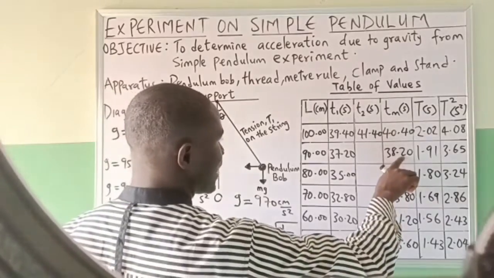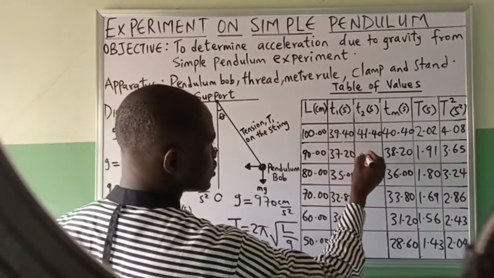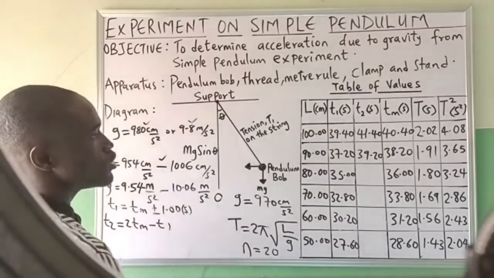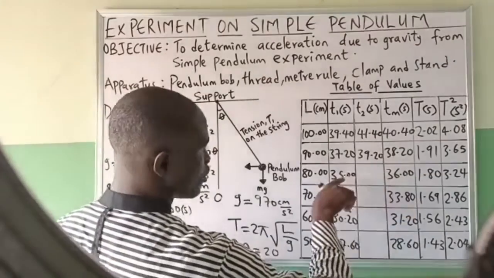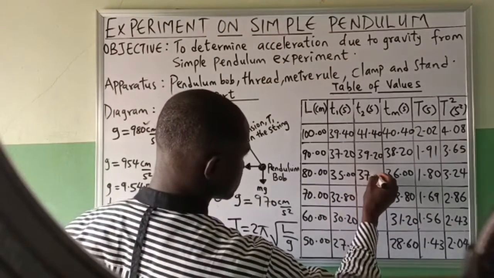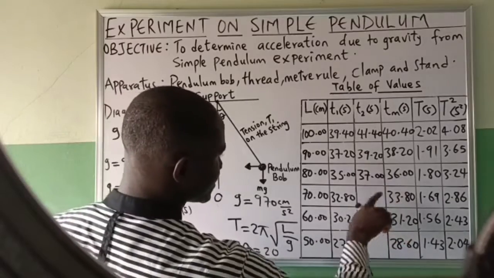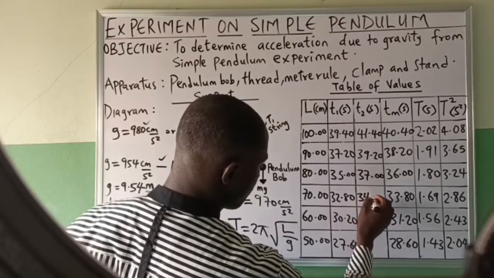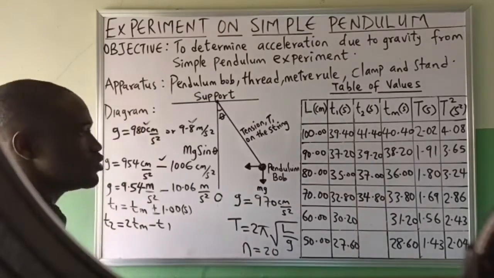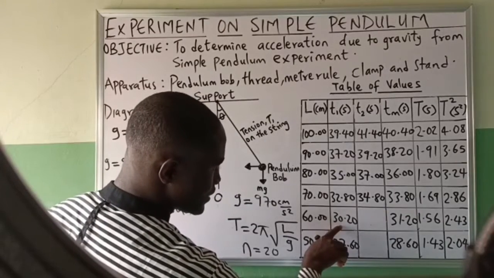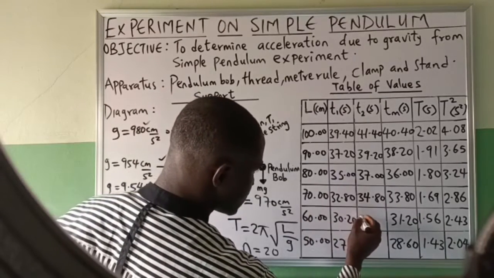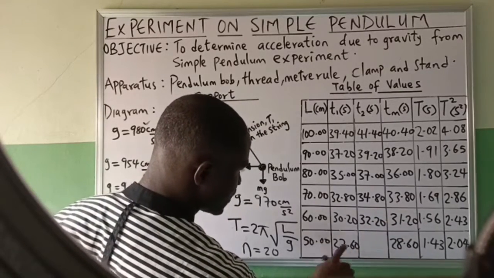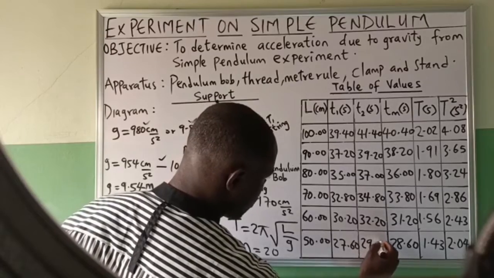Then 2 times this minus this should be giving us 39.20. 2 times this minus this should be giving us 37.00. 2 times this minus this should be giving us 34.80. 2 times this minus this should be giving us 32.20. 2 times this minus this should be giving us 29.60.